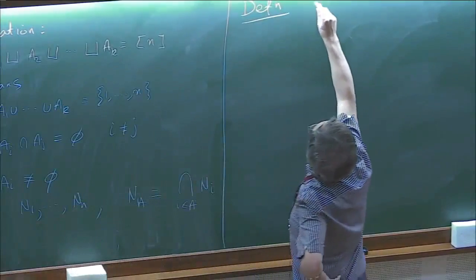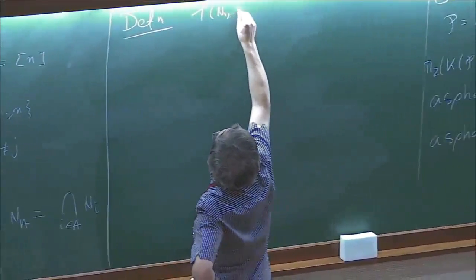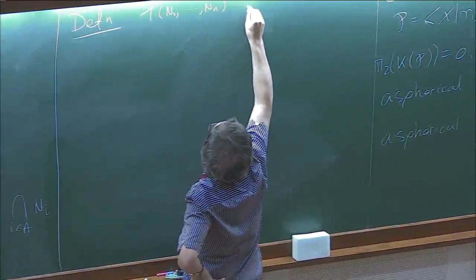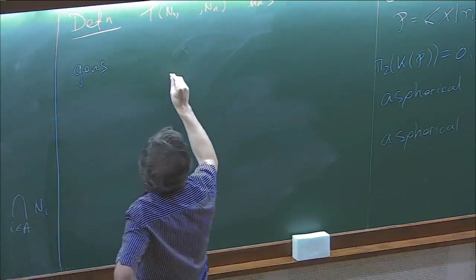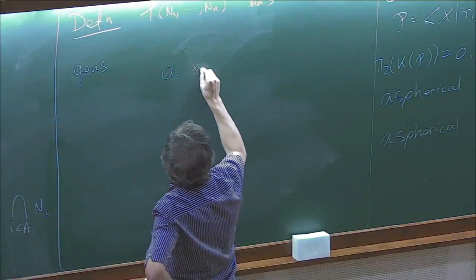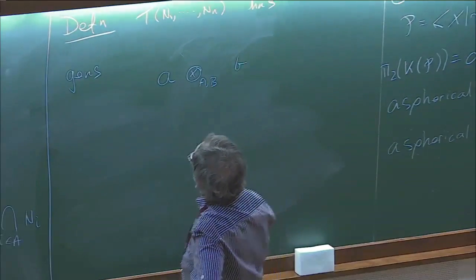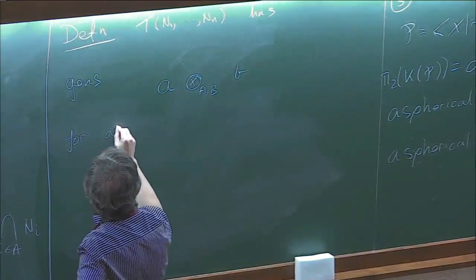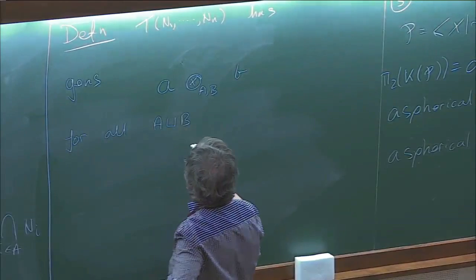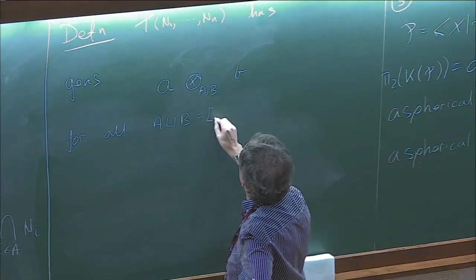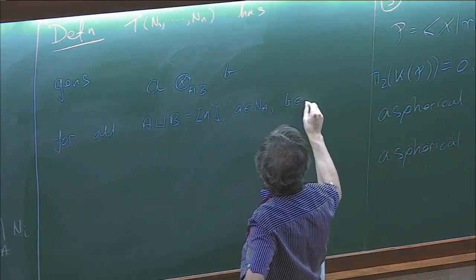So the group that I want to advertise has generators, the symbols, let's say A tensor, and I'll use the following notation, A comma B, for all pairs of sets partitioning N with A in NA and B in NB.